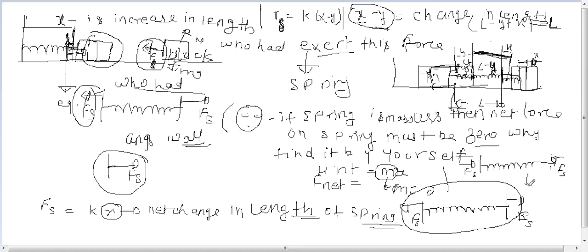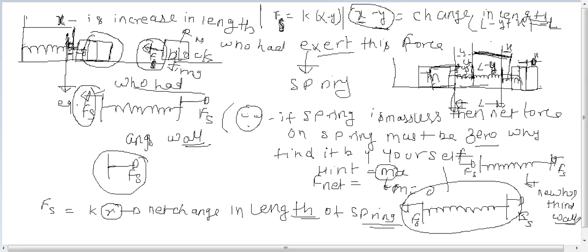With the help of this and Newton's third law, we will determine what the forces should be on each block at each end of the spring. These things are very important to calculate, and you may encounter many situations.